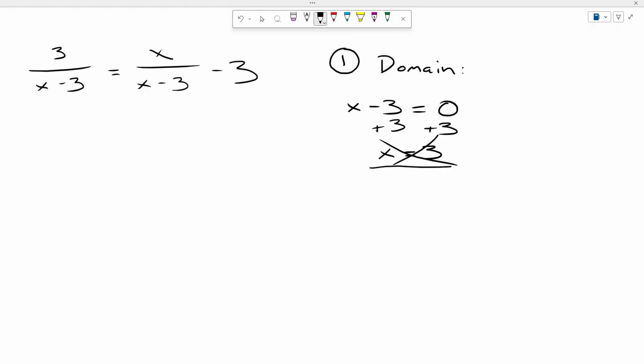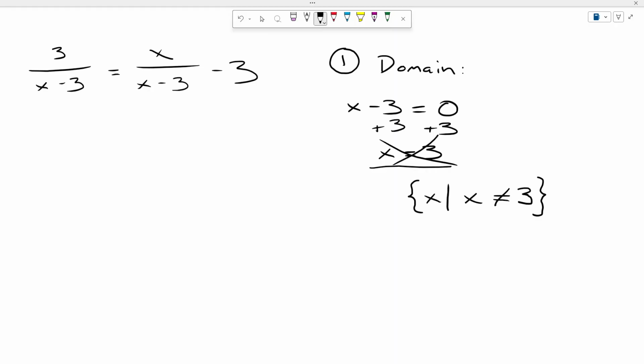And if you were asked to write out what the actual domain is, many times you'll see it written something like this, where we have, and then that means that x cannot be equal to 3.